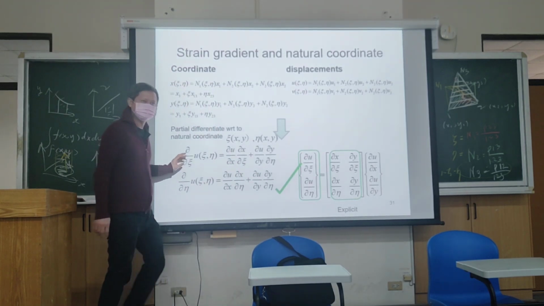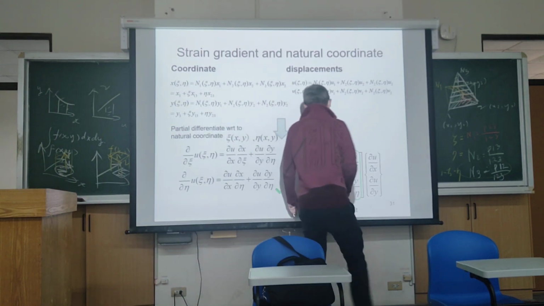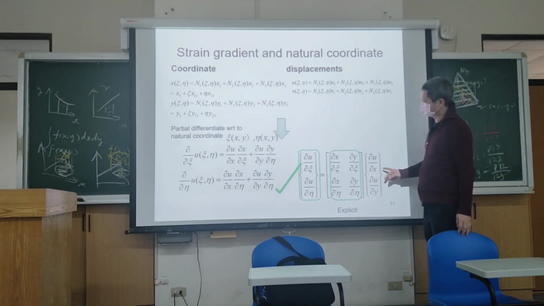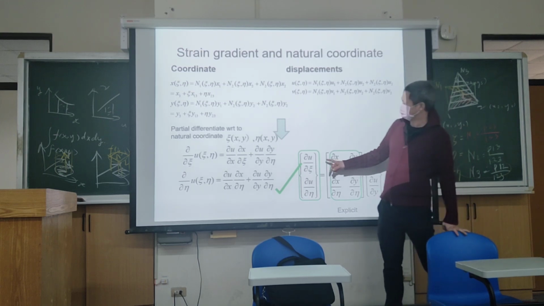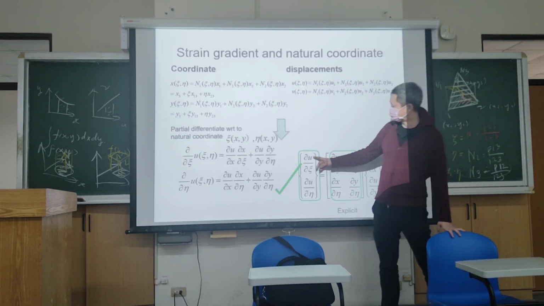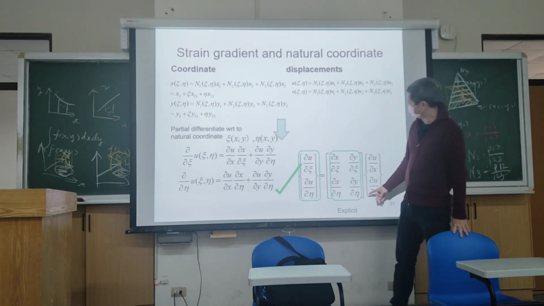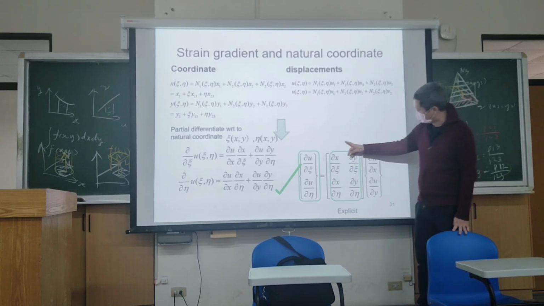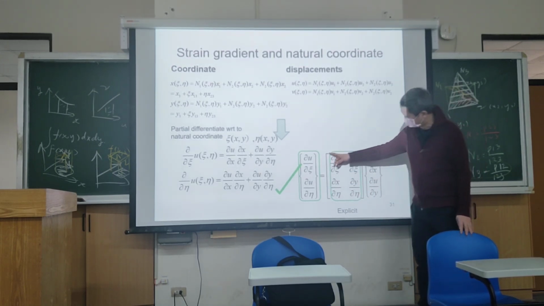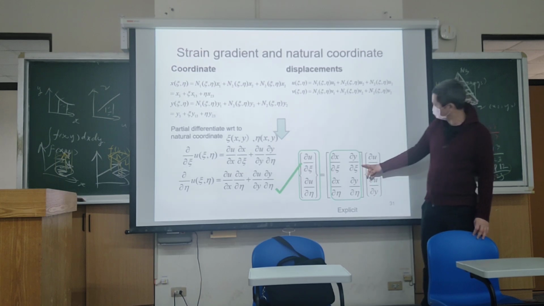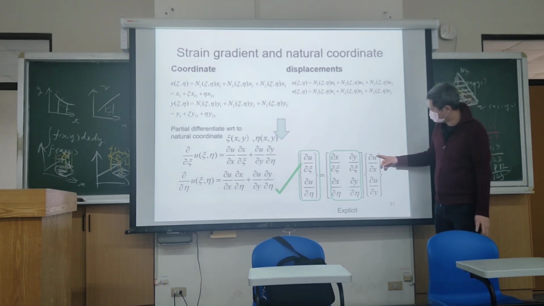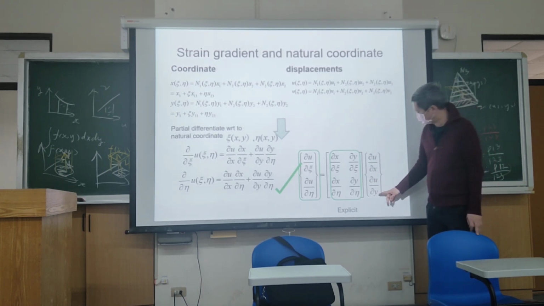Let's express these two chain rules into vector matrix expressions. So now the two natural gradients, del u del psi and del u del eta, can be expressed as a product of the Jacobian with respect to del u del x and del u del y.